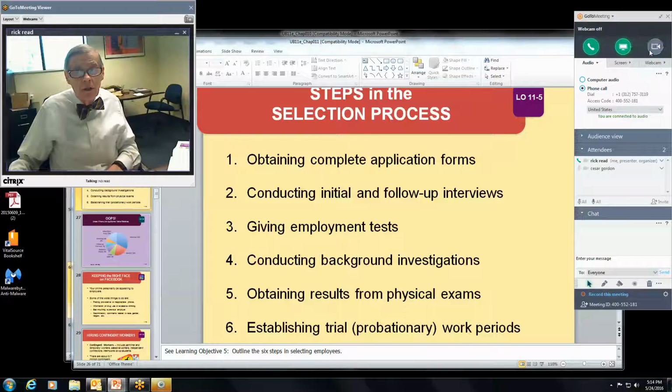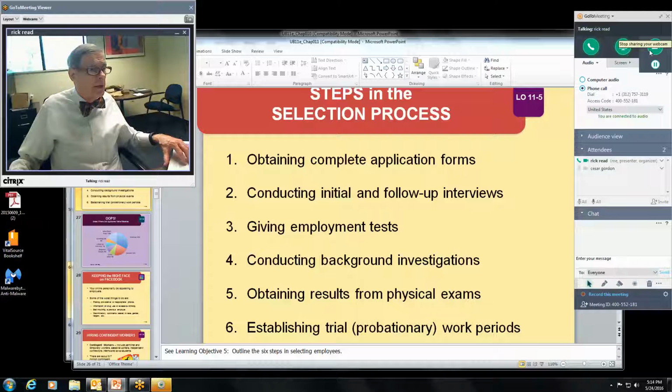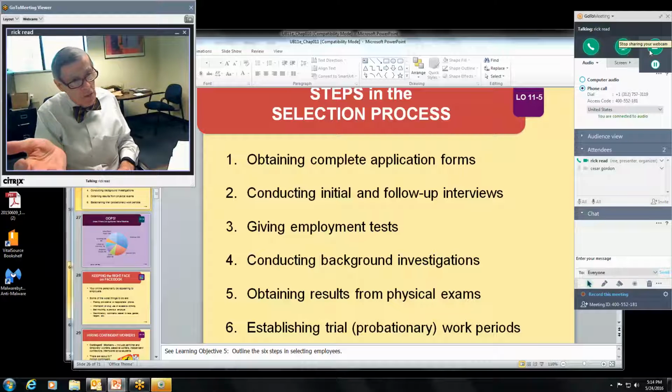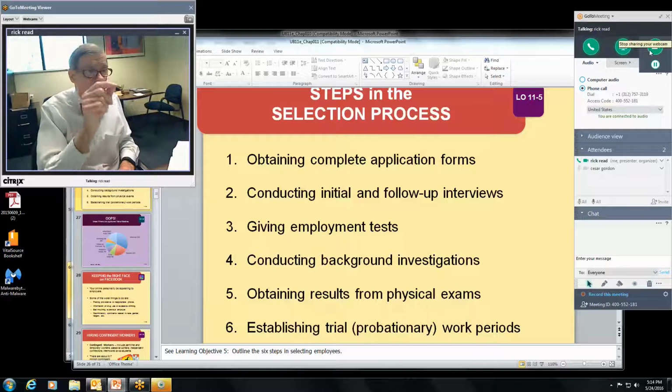And what you have to do is make sure that you get complete job applications. An incomplete job application should be rejected. And you do the interviews that we talked about. Employment tests, if those are required. If you do a test, the test has to be related to the job.